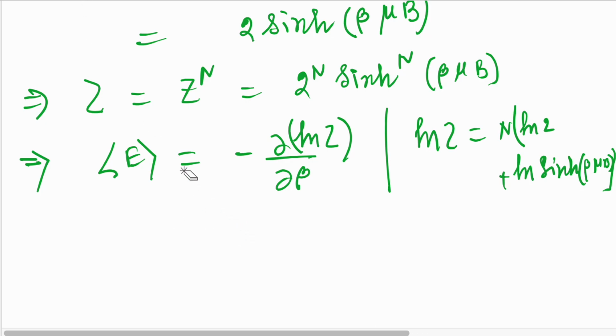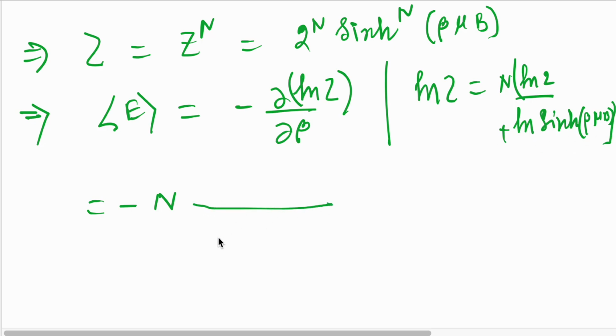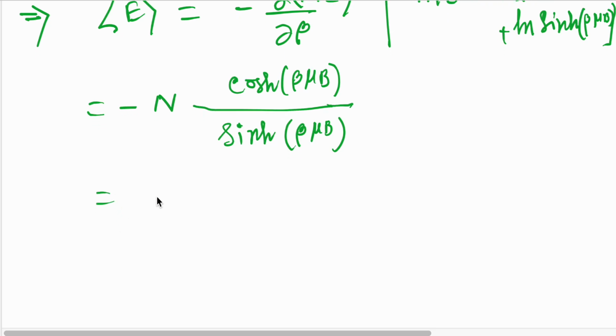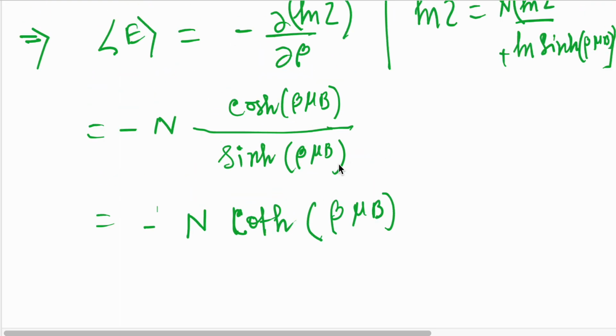The first term has no dependence on beta, so only the second term remains. So minus N times the derivative of ln sinh, which means 1 by sinh beta mu B times cosh.